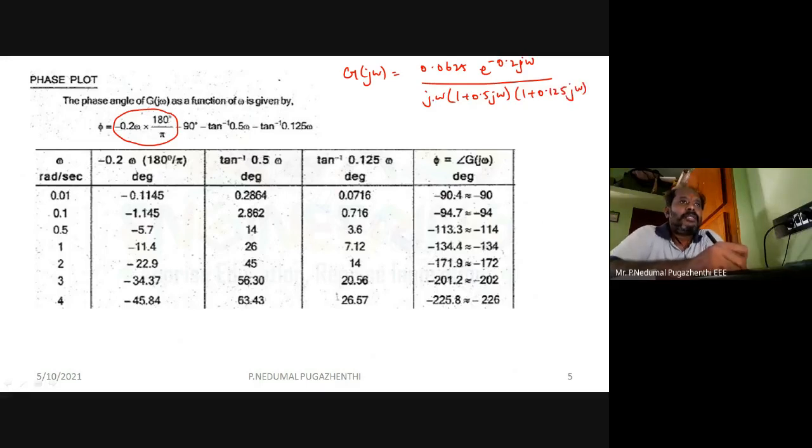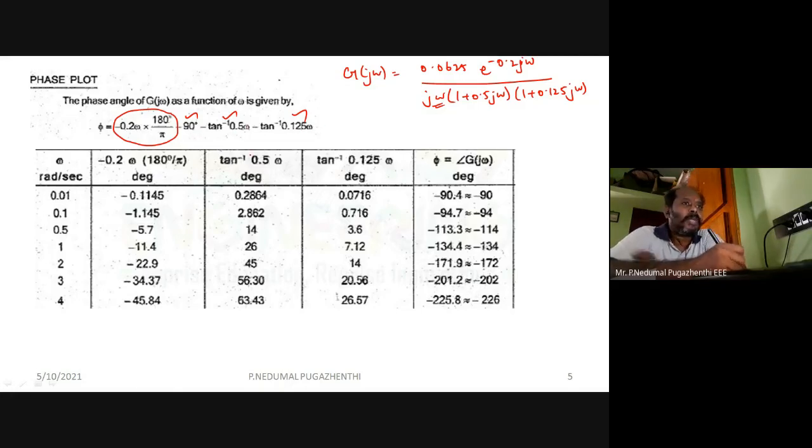For j omega, you will have a minus 90. For 1 plus 0.5 j omega, you have a minus tan inverse of 0.5 omega. Then for 1 plus 0.125 j omega, you will have minus tan inverse of 0.125 omega. Since they are in the denominator, you will have a minus sign for all these values.